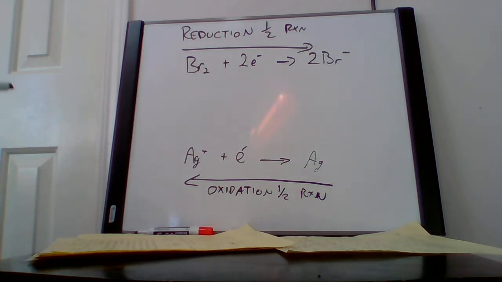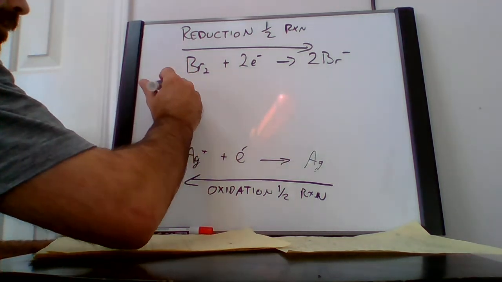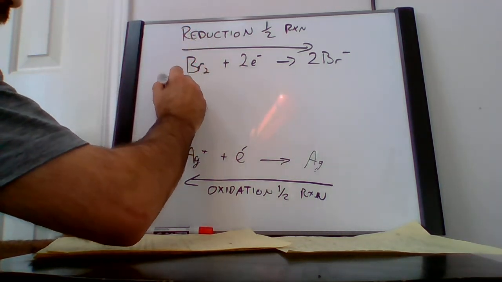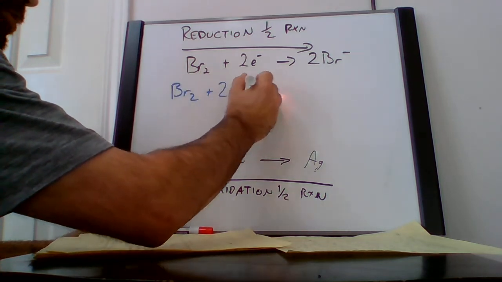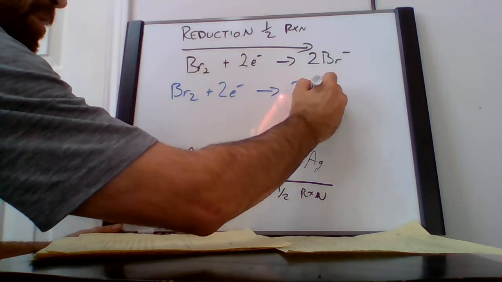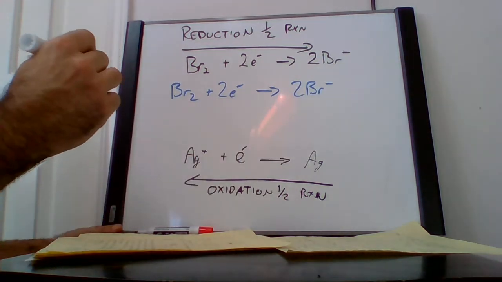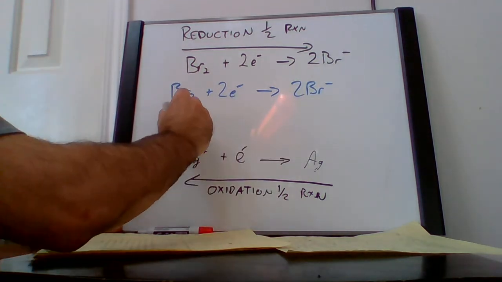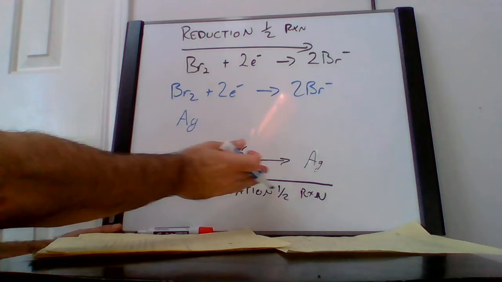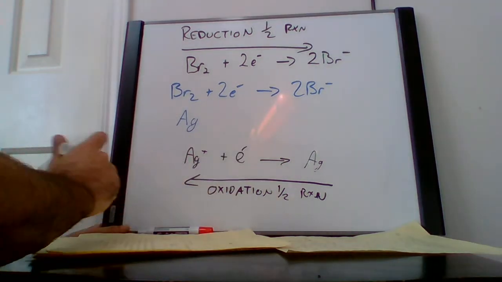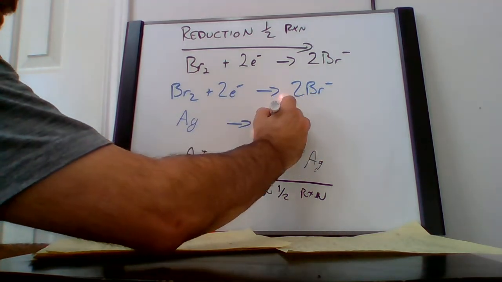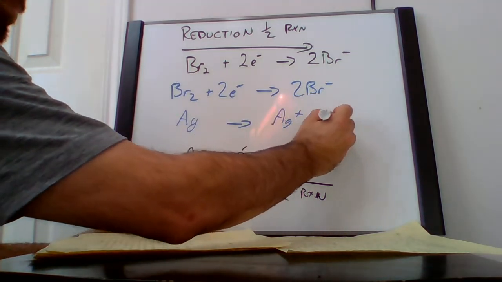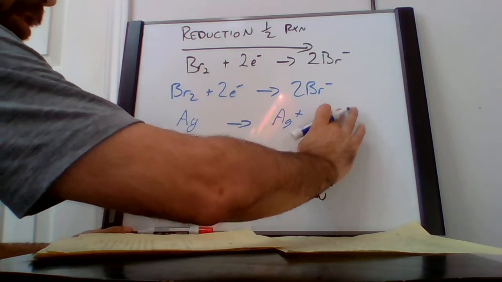So when we combine these, we are taking our Br2 plus 2 electrons to go to the 2Br minus. We would also have our silver going in the opposite direction, right? It's going to undergo the oxidation, and it's going to go from the silver to an Ag plus, sorry, plus an electron.